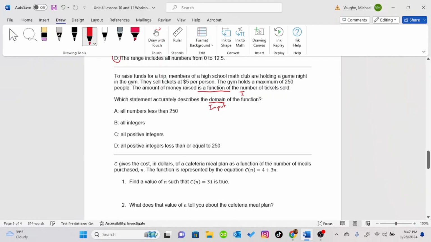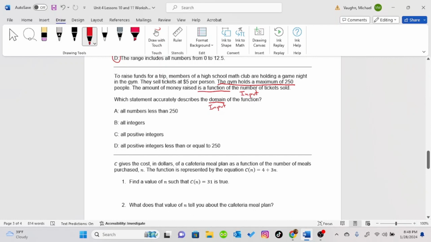So the input is the number of tickets sold. So now we need to think, what kind of numbers could possibly be tickets sold when the gym holds a maximum of 250?